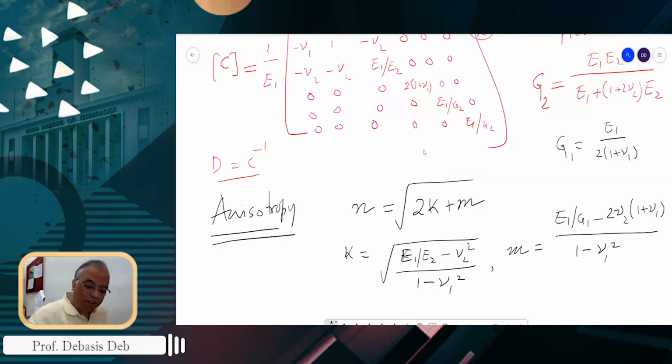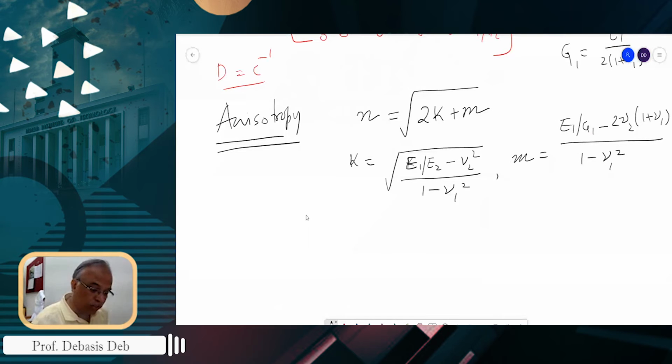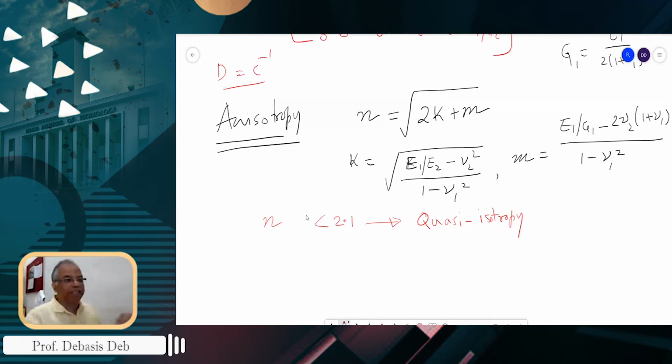Now the question becomes, what he has given is the value of n by which we can say whether it is anisotropy or isotropy. He said if the value of n is less than 2.1, then you call it quasi isotropy, meaning it is basically isotropy.